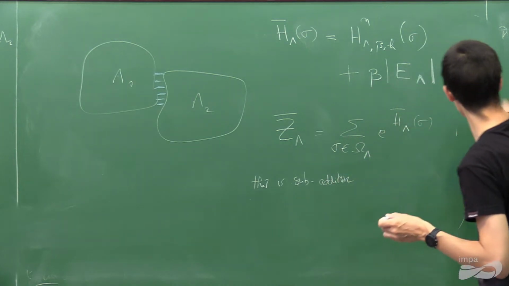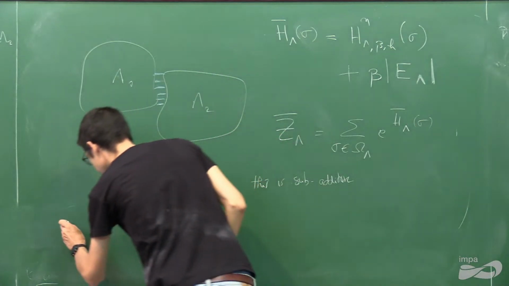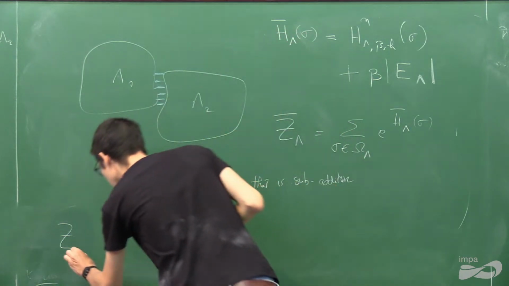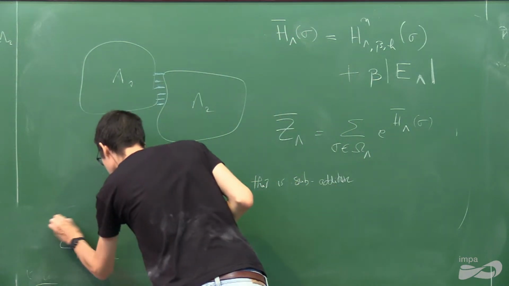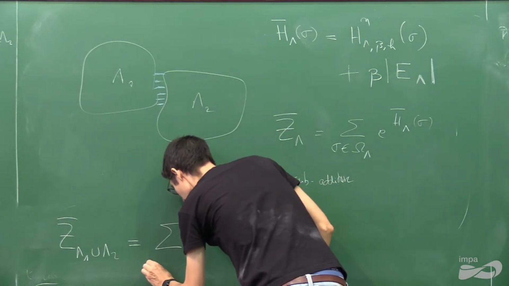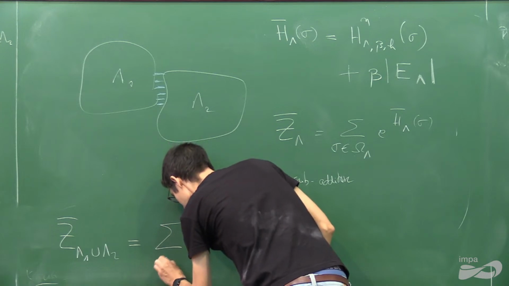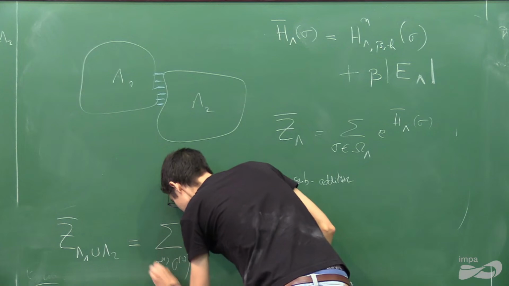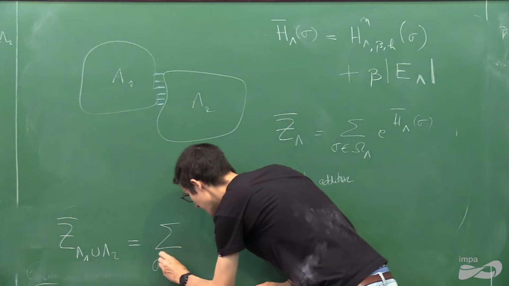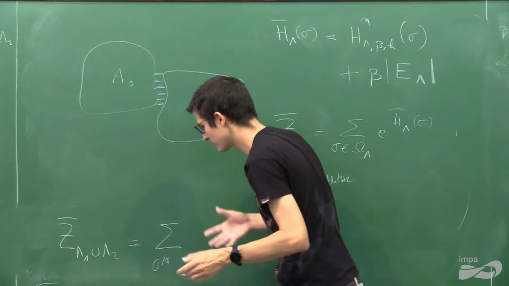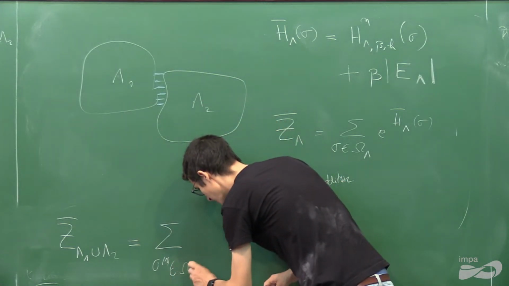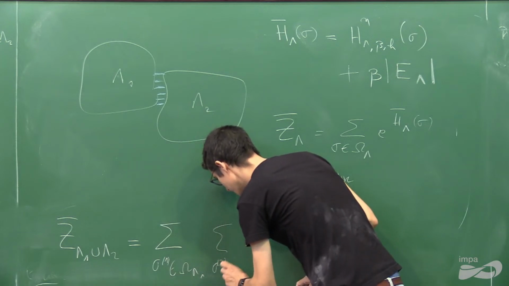Okay, so what I have is that the lambda 1 union lambda 2 is equal to the sum over all the configurations, but I'm summing separately over the spins that I see in lambda 1 and the spins that I see in lambda 2.